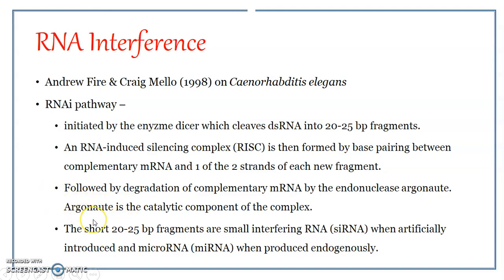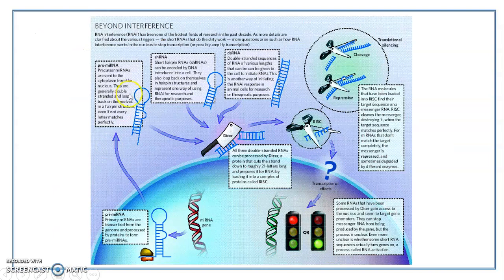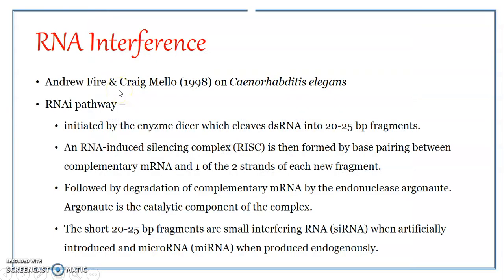And we can see that most of the RNA interference, whether it is siRNA or microRNAs, all do have an Argonaute complex, and this Argonaute complex plays a very important role in bringing about the degradation of the complementary mRNA.